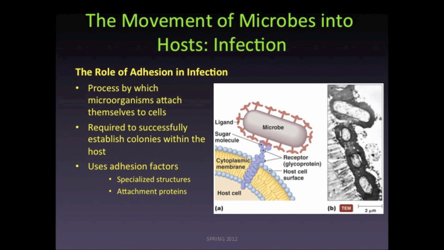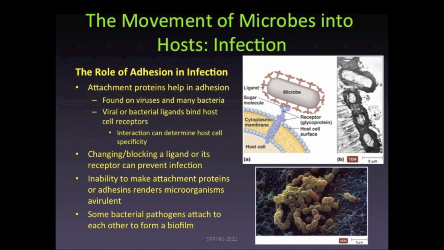A variety of adhesion factors in the form of specialized structures and adhesion proteins exist on the organisms that invade the human body. Bacteria and viruses have lipoproteins and glycoproteins, also known as ligands, on their surfaces that allow them to attach to receptors on host cells.